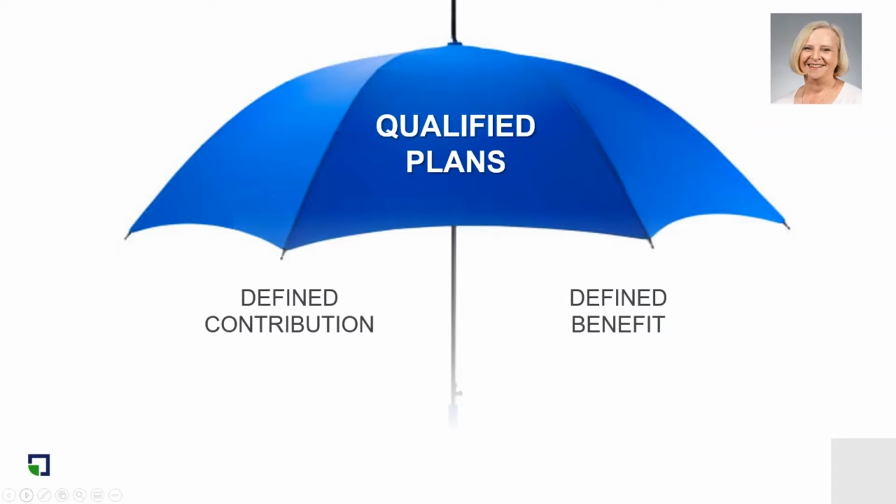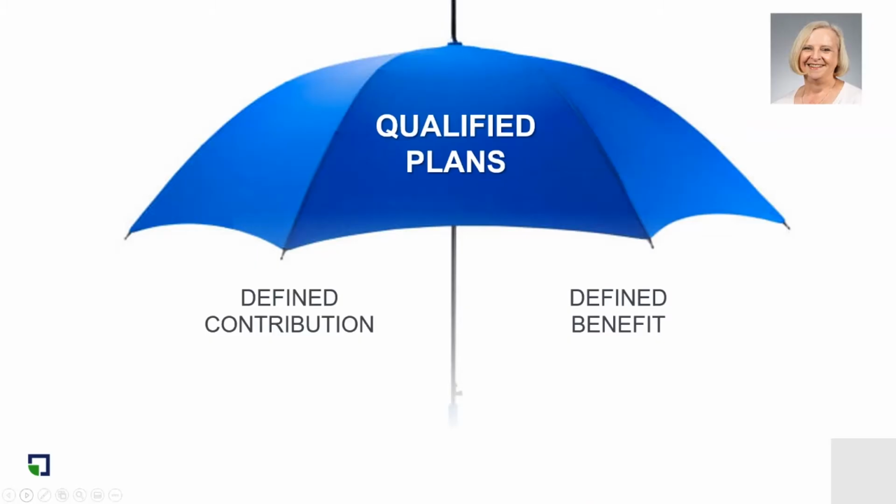So the method of calculating contributions for each of these types of plan is very distinct. In a defined contribution plan, the contribution starts with a dollar amount that the plan sponsor wants to contribute, and then it is allocated to the participants based on the formula in the legal plan documents.